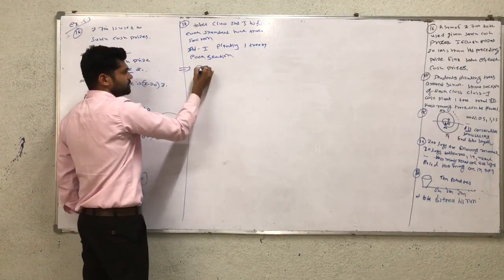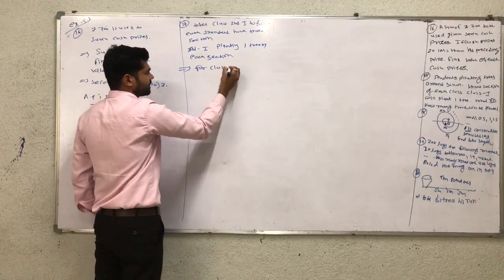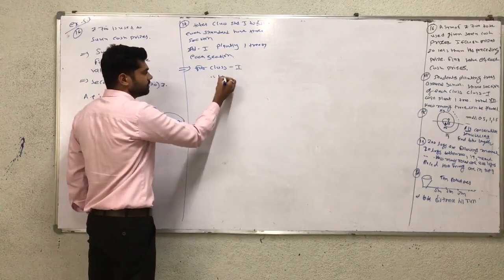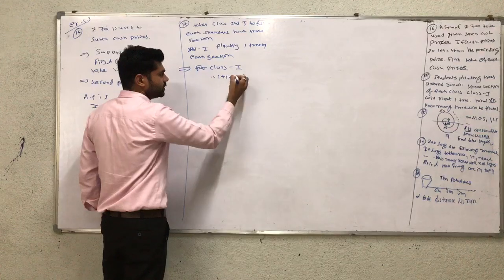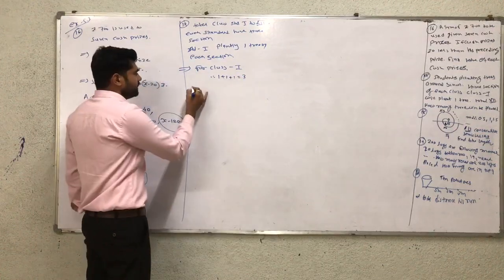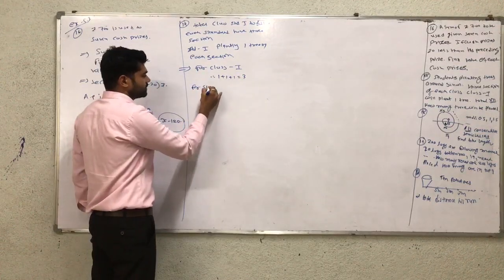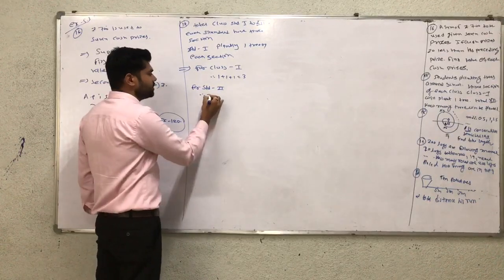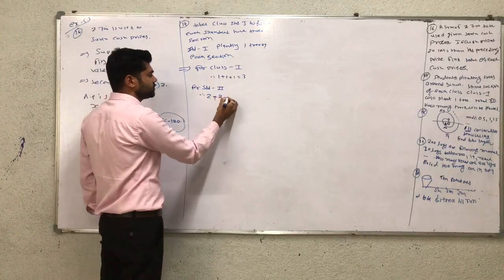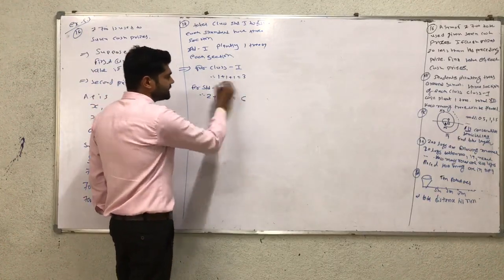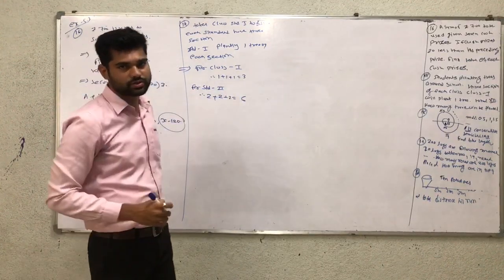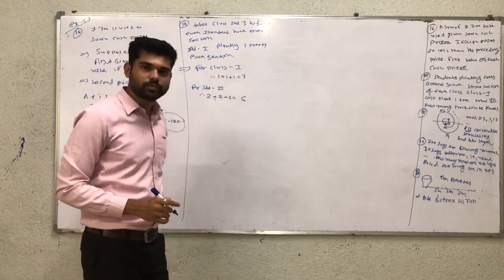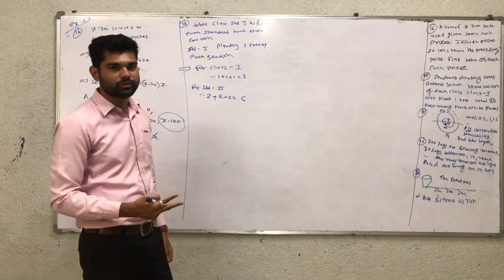Therefore, for class 1 the planted trees are 1 plus 1 plus 1 is equal to 3. In a similar way, for standard 2 it is 2 plus 2 plus 2. This information is given in the question, so we take class 1 planting 1 tree and class 2 planting 2 trees for each section.